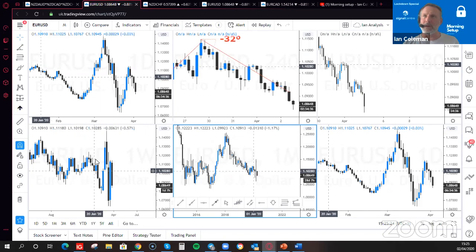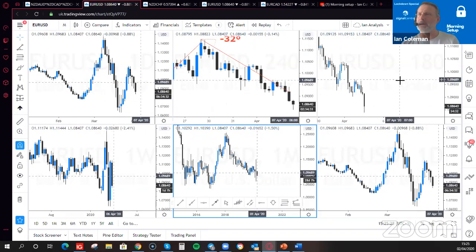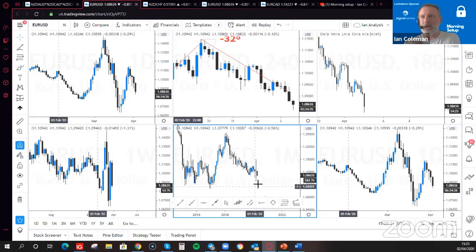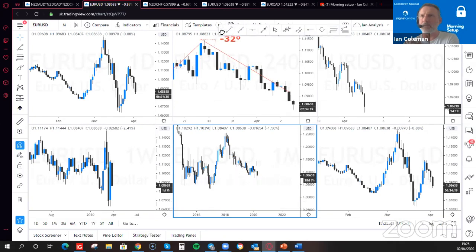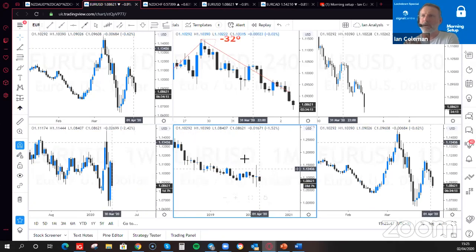The monthly, weekly, daily, 4 hourly normally, and then an intraday chart, normally an hour, 45 minutes, something like that. Look at the range that we saw on euro dollar. That's annoying. Get over there. I mean, that's one hell of a doji on a monthly chart, indecision.